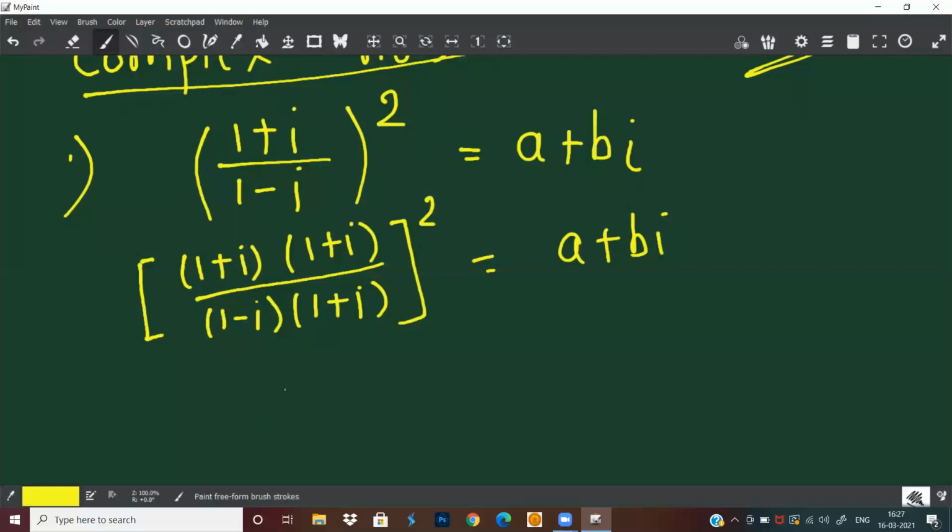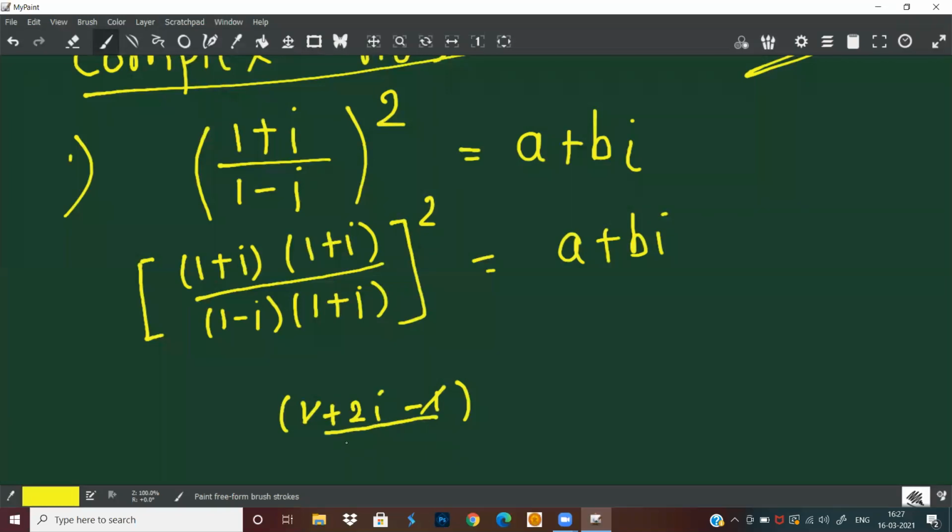Should I show it to you? You know, (a plus b) whole square. In the numerator, it is 1 square plus 1 into 2 into I plus I square, which is minus 1. So this will cancel with this. Correct? And in the denominator, (a plus b)(a minus b).